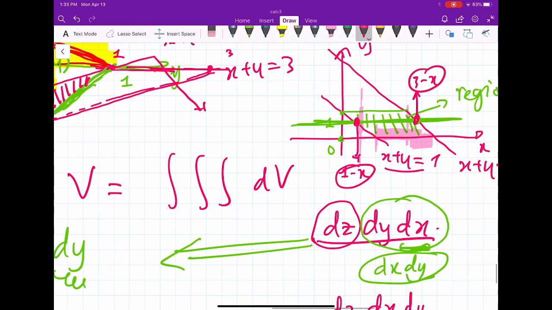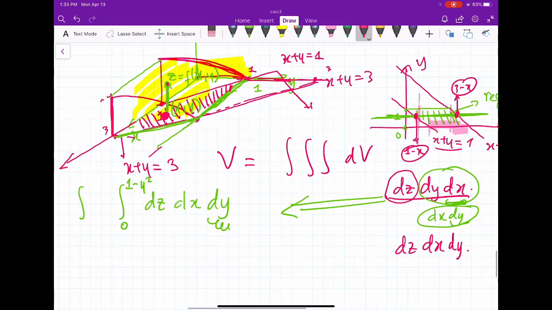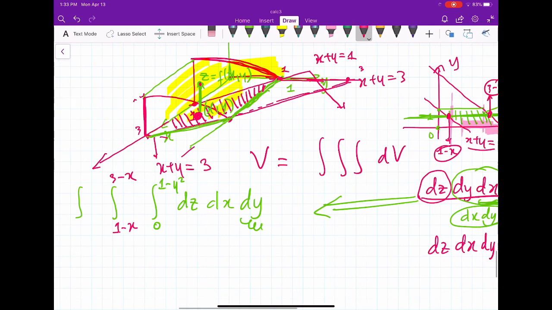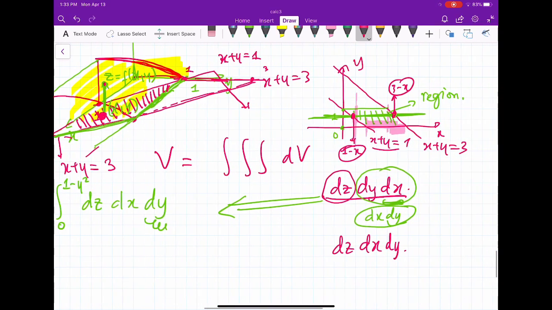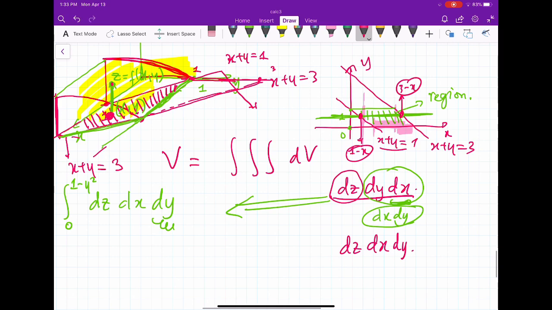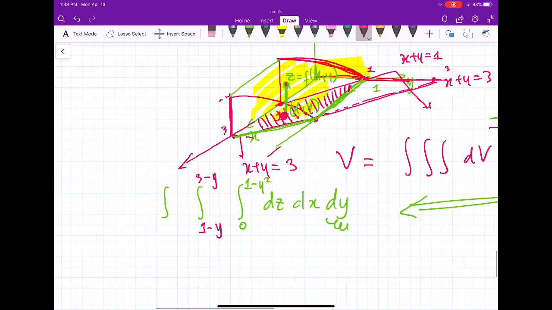Makes sense? And then my integral in here should be from 1 minus y to 3 minus y, because we are looking for x, right? And then the next one, once we fix y, goes from 0 to 1. So I have 0 to 1 right here. That's it. Make sense?